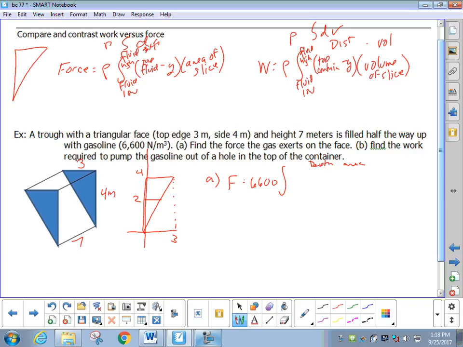What are your limits of integration? What's the depth? 4 minus y or 2 minus y? 2 minus y, because you're talking depth relative to the surface of the fluid. The area: constant width or varying width? x wide or 2x wide? 1x wide, dy high. What's the relationship between the variables? What's the equation?